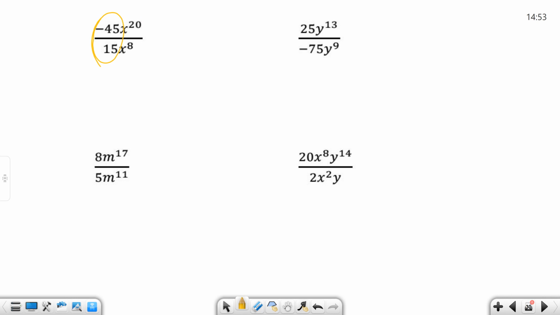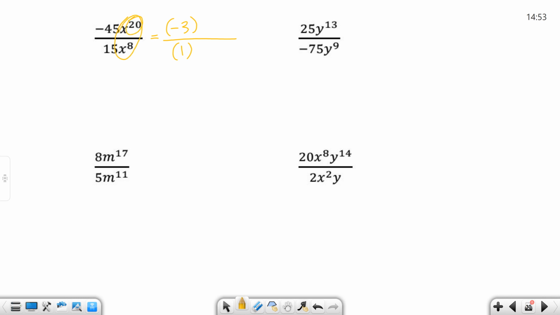So negative 45 over 15. So if I divide that out, does 15 go into 45? Yep, 3 times, right? So this becomes negative 3 over 1. And we'll talk more about the negative sign in a minute, but you can bring it out front if you want to. So here, because you have one term over one term, you can do that.